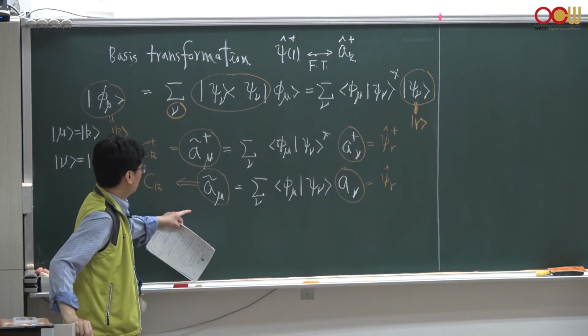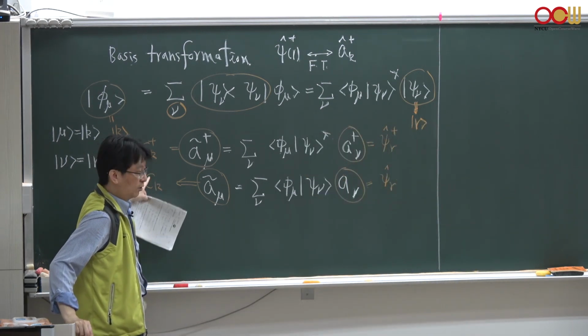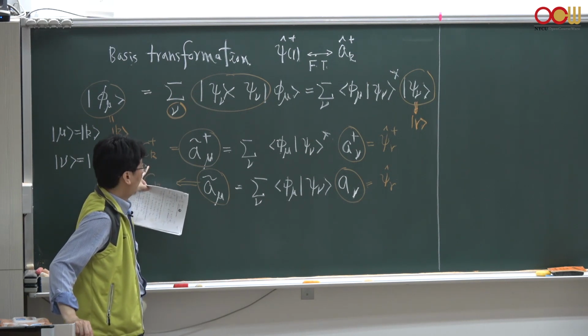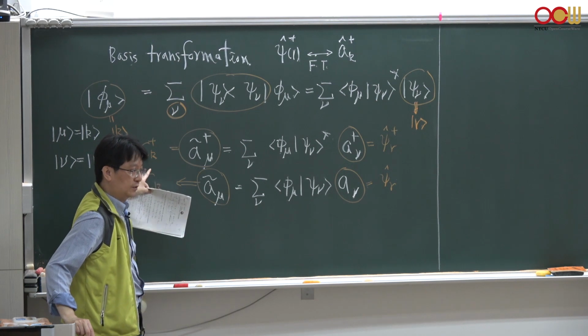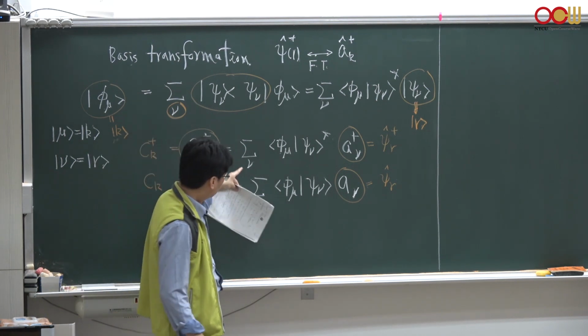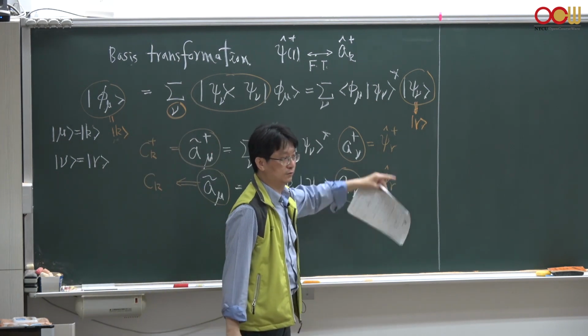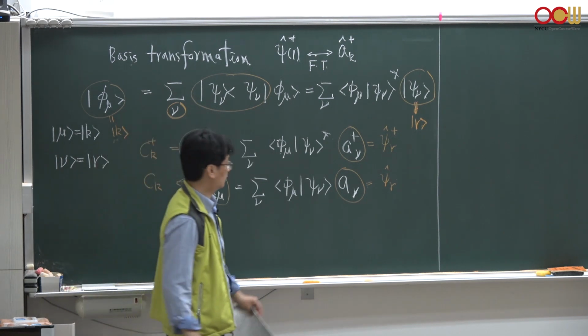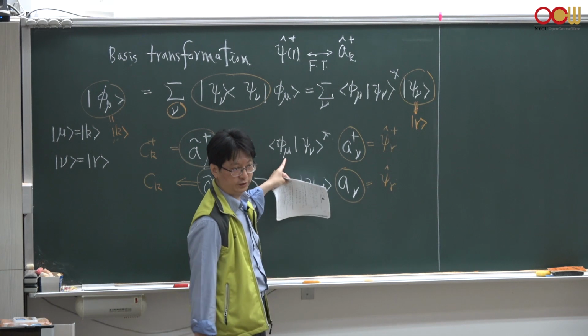So in other words, if you create or destroy a single particle in momentum space k, you could rewrite this operator in terms of the Fourier series of the creation or destruction of a single particle in real space, multiplied by this Fourier coefficient.